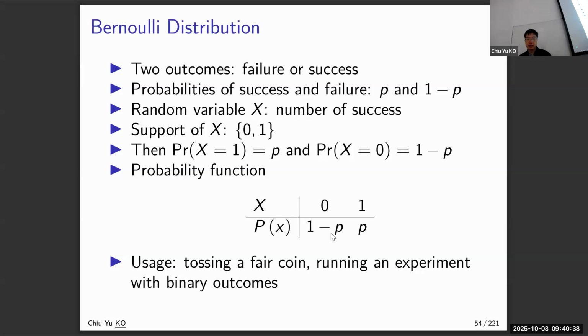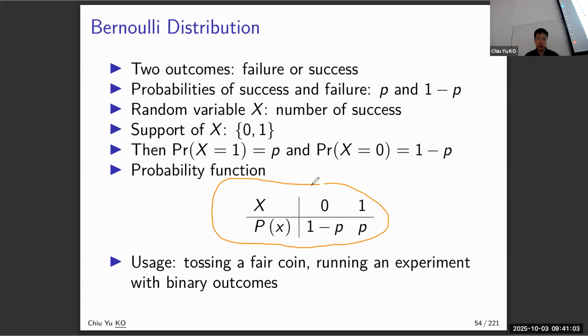The success probability is P, and failure is 1 minus P. And in this case, you only care about the number of successes, right? So this table right here in the middle of the slide essentially gives us the complete description of what we want, because the P is a complete description.